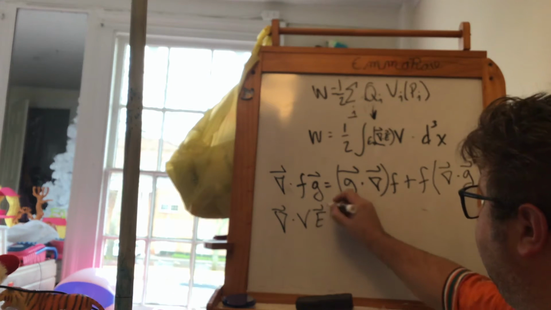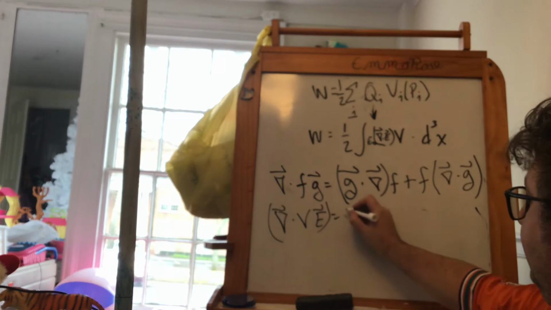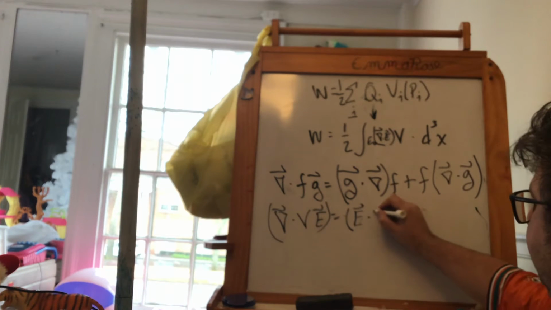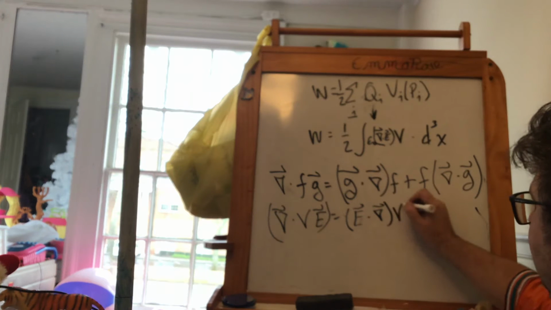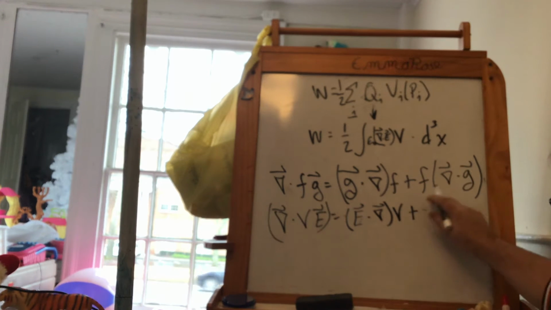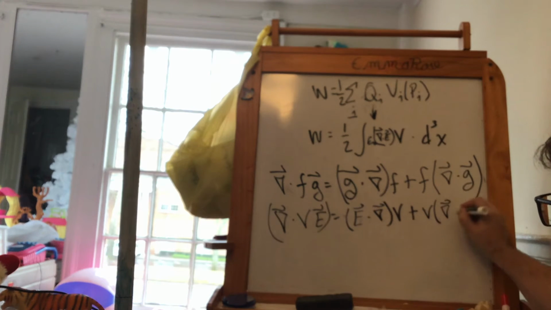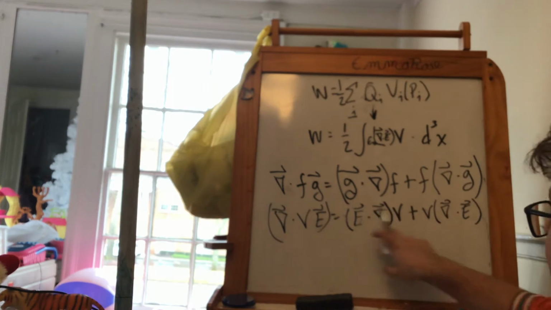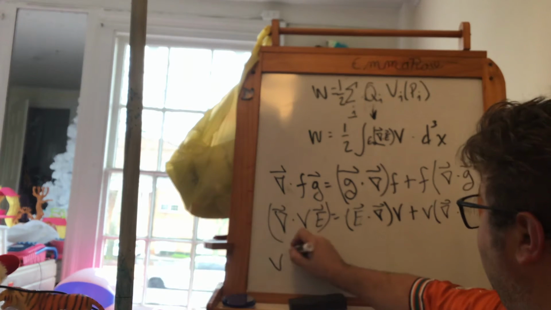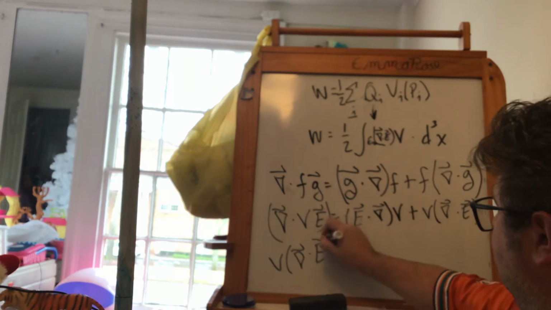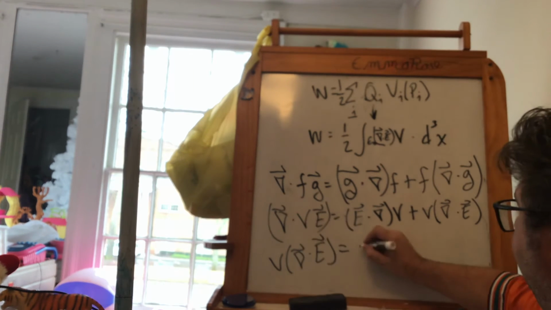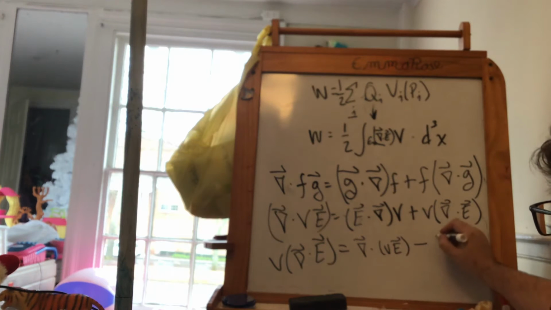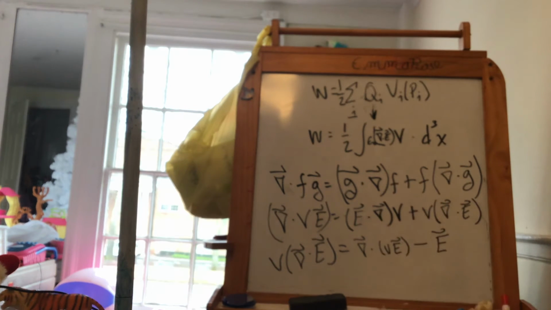The divergence of VE, acting on all of that, is going to be equivalent to E dot del V plus V times the divergence of E. So I can take this term and bring it onto that side, and I get that V times the divergence of E is equal to this term, the divergence of VE, minus E dot del V. Now, what is going to be del acting on V?